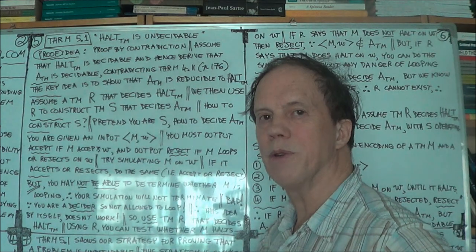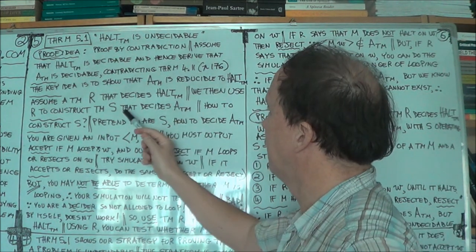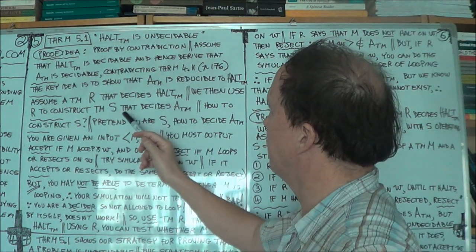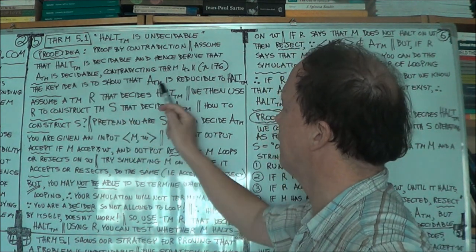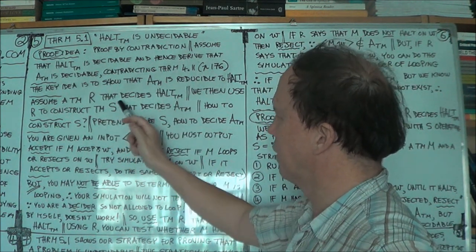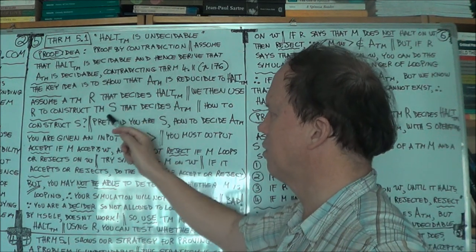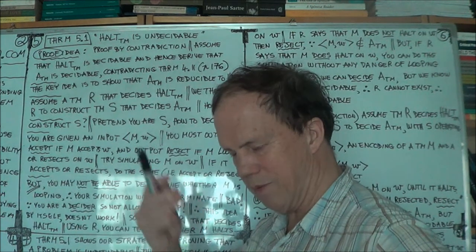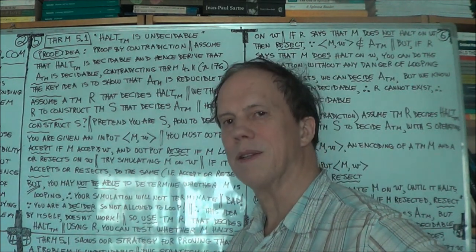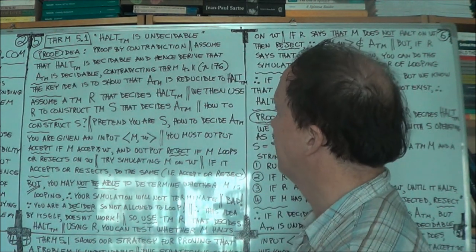That's the strategy of the proof, because if R exists, if R decides halt, then we can construct a large Turing machine S that decides ATM, and that would be our contradiction. Right? That's the strategy of the proof.